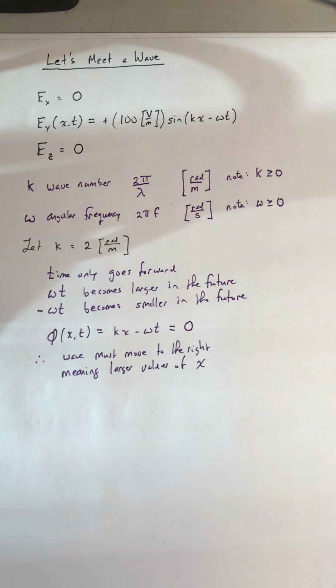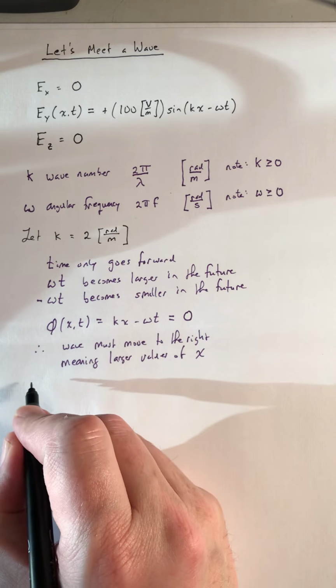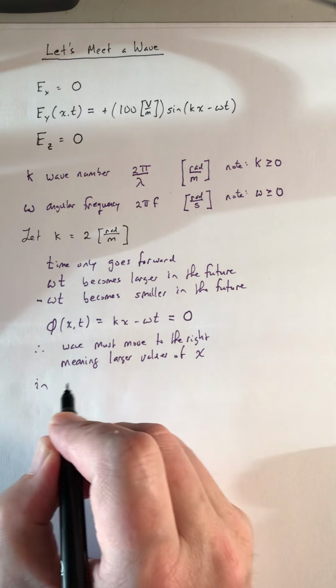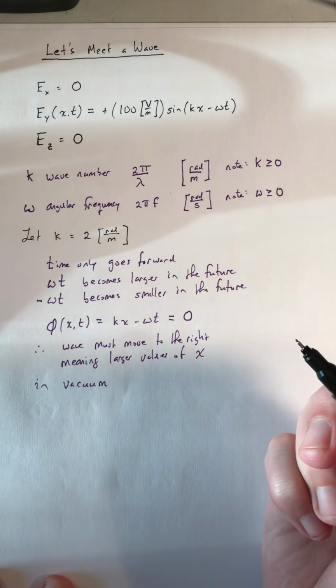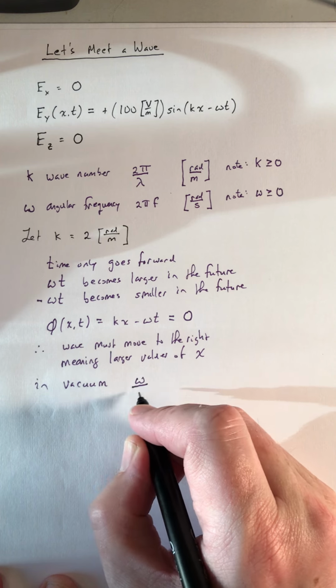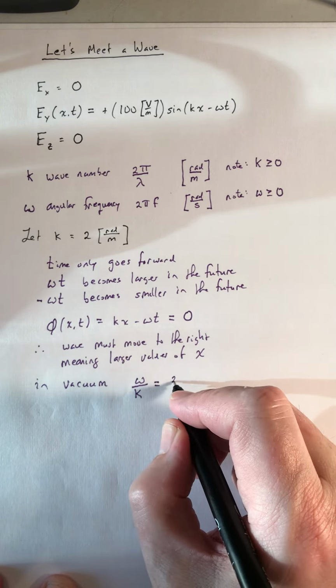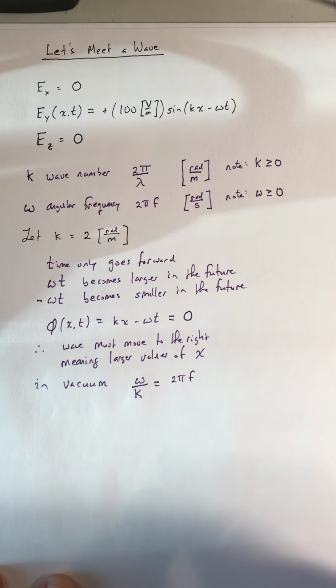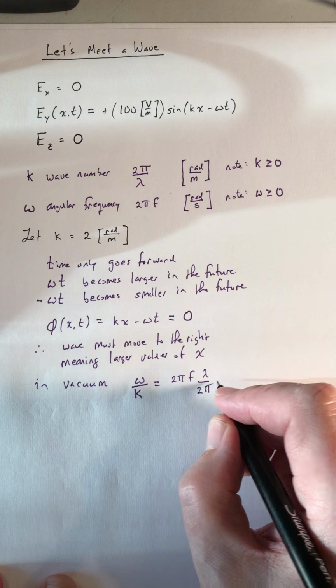The next thing we want to address is what is the value of omega for this wave. Not stated in the statement of the problem, but we're going to assume we're in vacuum. In a vacuum, the ratio omega to k, we expand that out, that's 2 pi f times lambda over 2 pi.